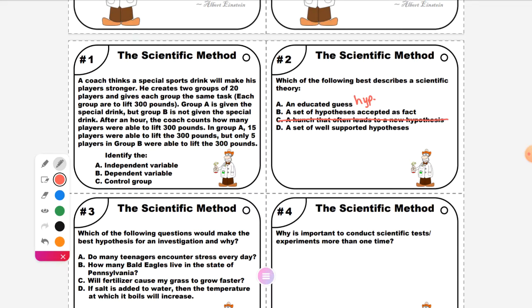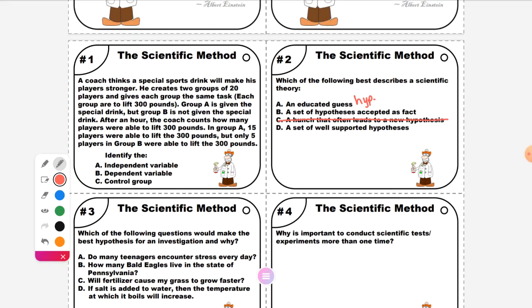D, a set of well-supported hypotheses. What do we think? Augie's saying no. So what do we have it narrowed down to? B and D. We're going to take a vote because those are comparable answers.